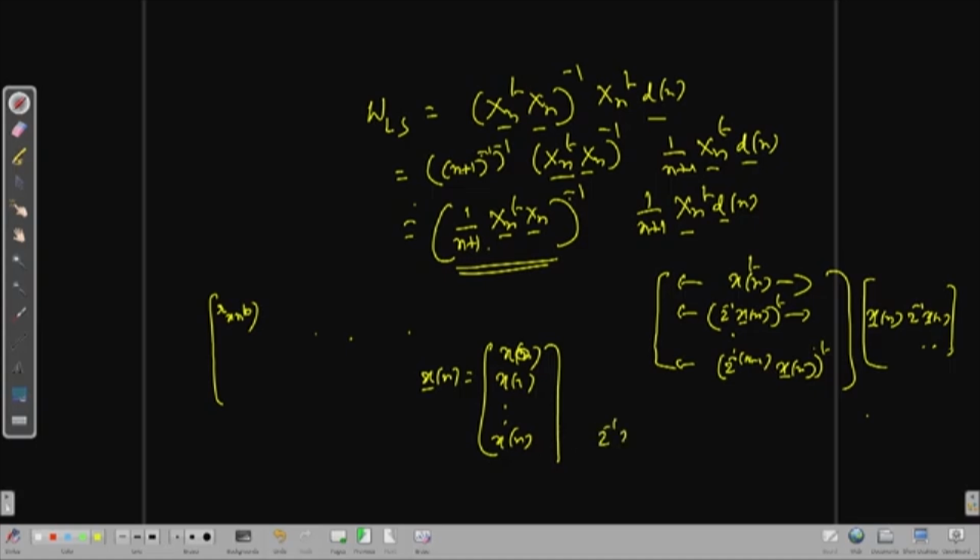Next guy is here: x0 x minus 1, x1 x0, gap is 1, 0 minus 1, 1 0, n minus 1. So you are multiplying two samples at a gap of 1 and then adding them and averaging.